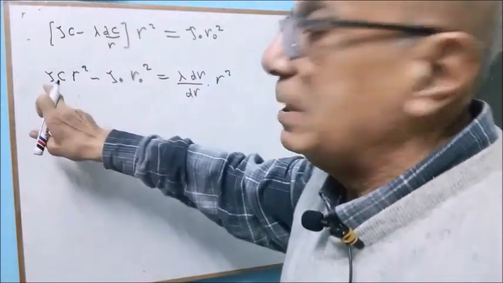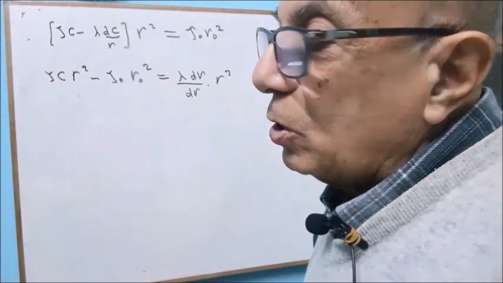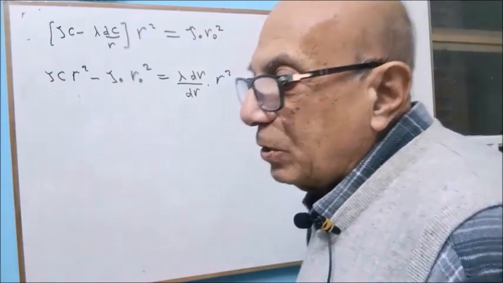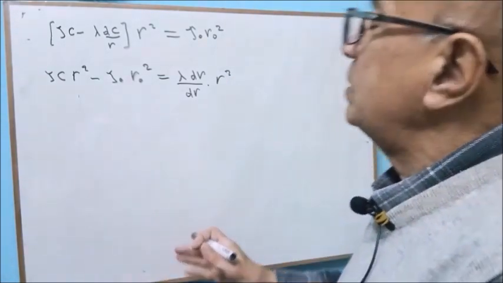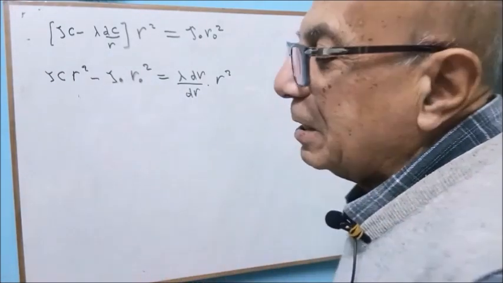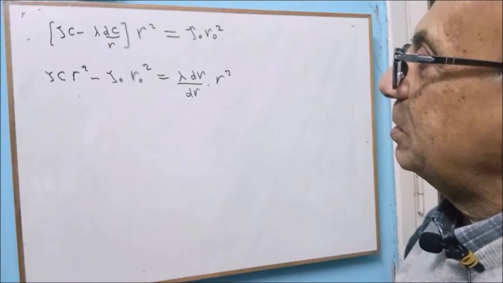As I said before, J r squared equals J0 r0 squared, or J0 r0 squared is equal to J1 r1 squared and J2 r2 squared at any stage of the evaporation when the radius or the diameter is diminishing.